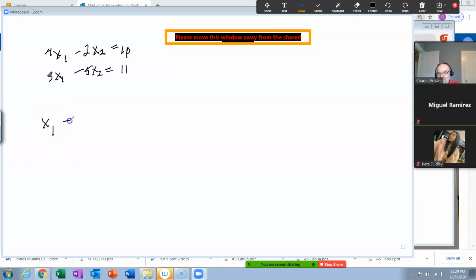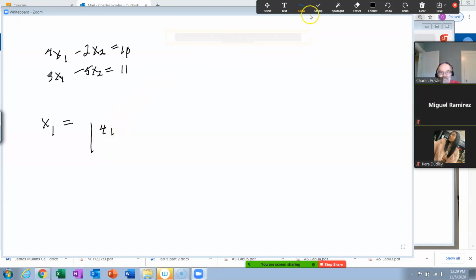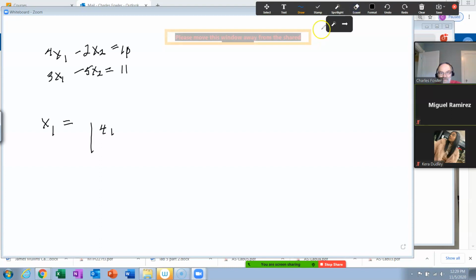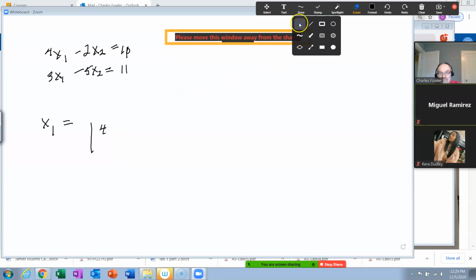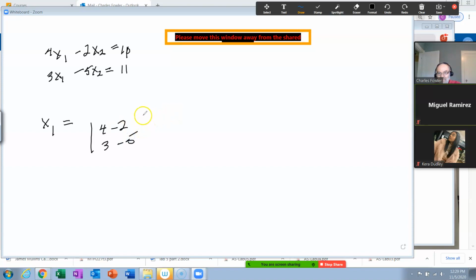X sub 1. The denominator is going to be the determinant of your coefficient matrix: 4, -2, 3, -5. That's your denominator. What's your numerator? Well, rather than the coefficients of x1, you put the constants.